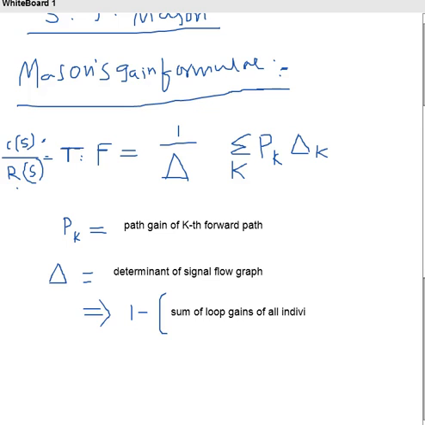I'll explain what loop gains are and all. Then plus the sum of gain products of all possible combinations of two non-touching loops. I'll explain what is a loop and what is a non-touching loop.